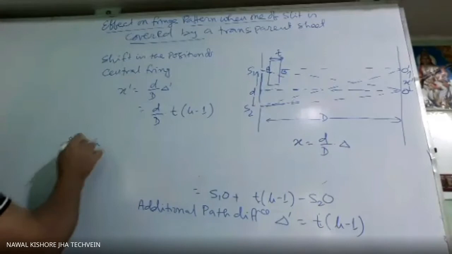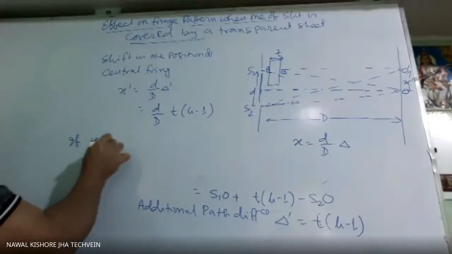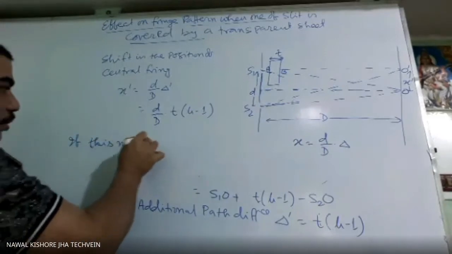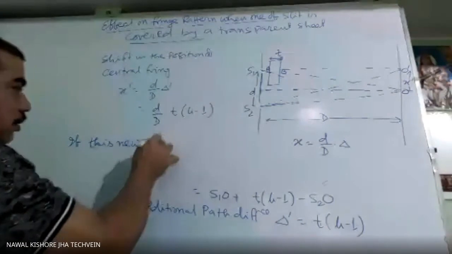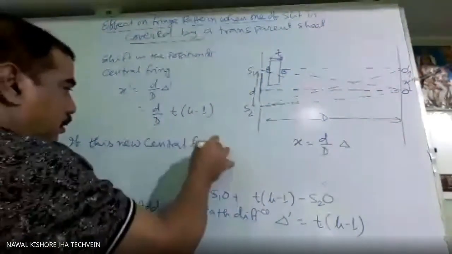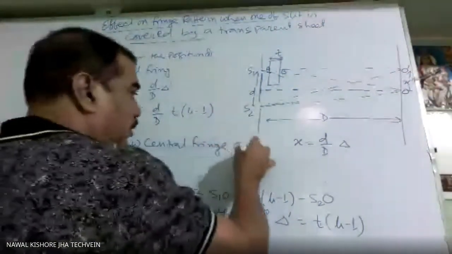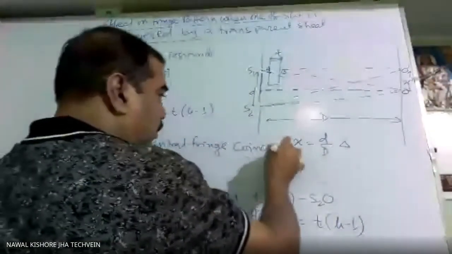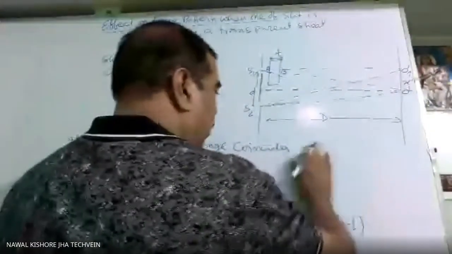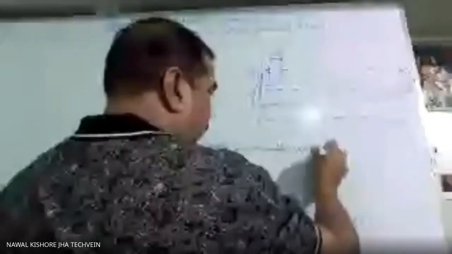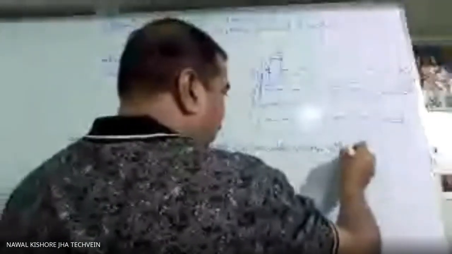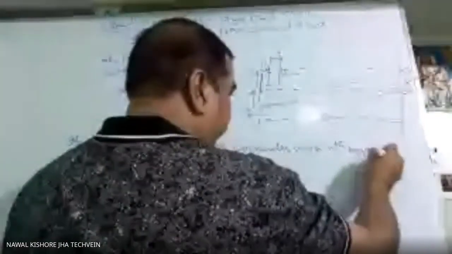If this new central fringe coincides with the nth bright, then this x dash must be equal to n beta.